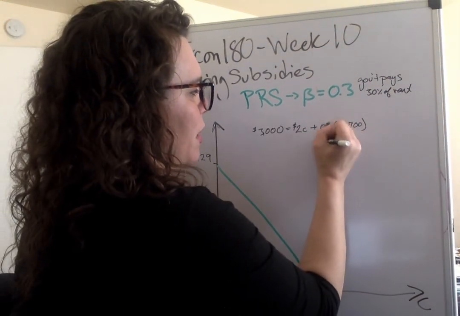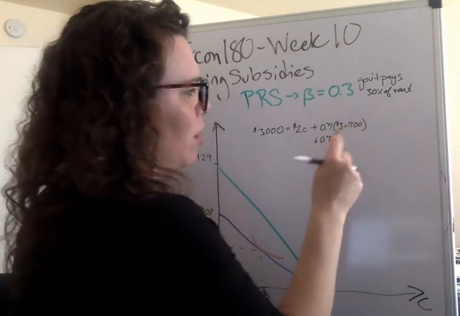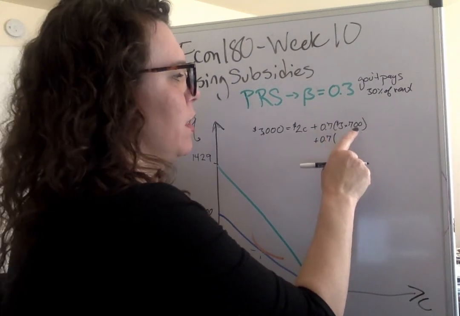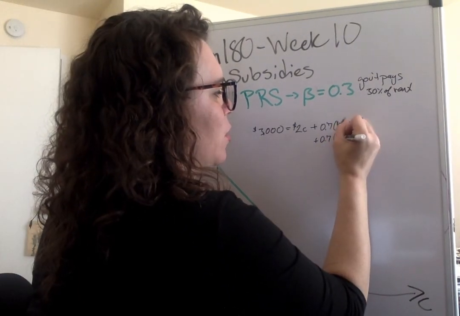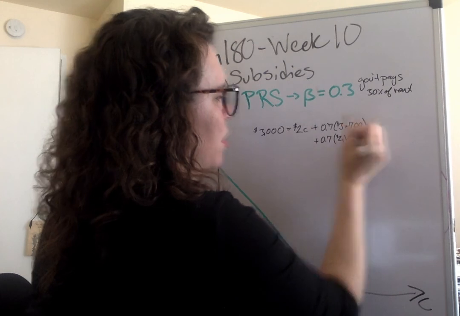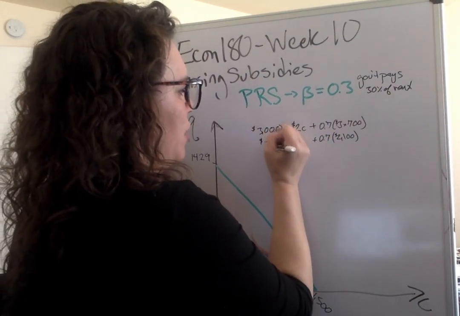So now we're going to pay 0.7 of the total cost of our housing. 3 times 700 square feet is going to be $2,100. And we started out with a budget of $3,000.